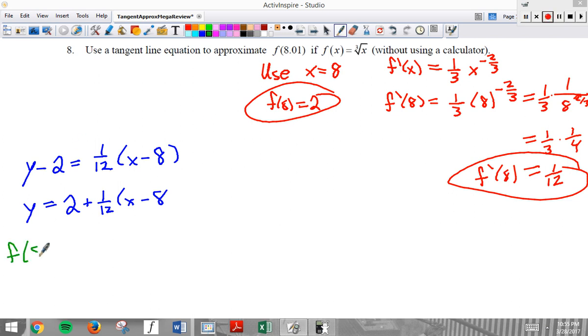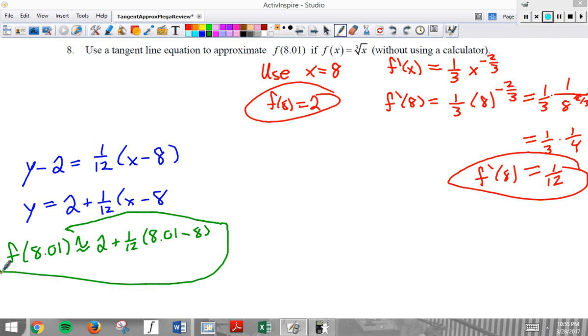So f of 8.01 would approximately be 2 plus 1/12 8.01 minus 8. That's it. Without a calculator, no one could ask for more. Done.